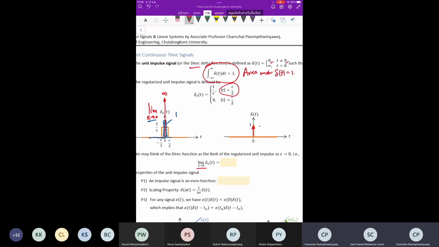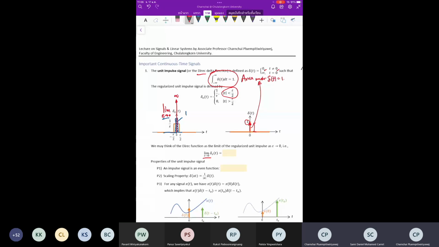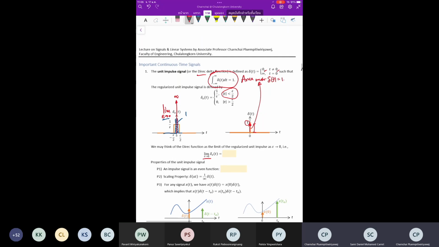But we specify the length of this arrow to be 1, just to mean that the area under the curve is 1. This is why we may think of the Dirac delta function as the limit of the regularized unit impulse as epsilon goes to 0. Therefore, the limit of delta epsilon of t as epsilon goes to 0 is just delta t.